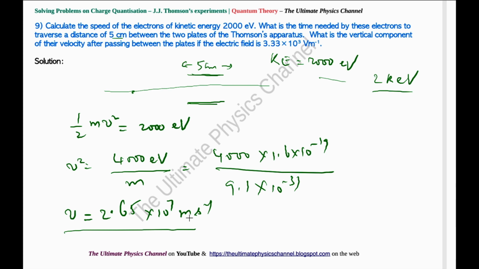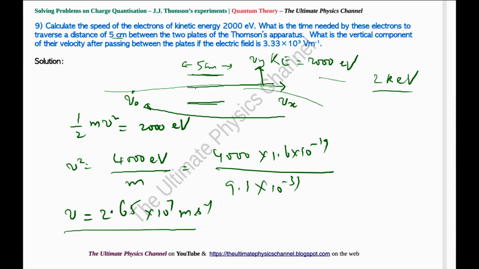Now when it enters here, the initial velocity is V0, and the horizontal component of the velocity is Vx and the vertical component is Vy when its path changes, right? But Vx does not change from V0. V0 and Vx are the same, right?